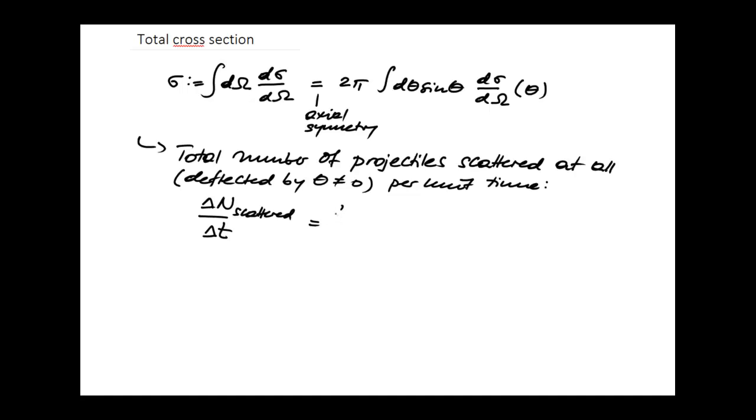This is the integral over all angles. Then the number of particles scattered by an angle theta per unit time per elementary per unit spatial angle, and then you integrate over all the angles. But this is, by definition, this integrand is nothing but the incoming current density times the differential cross-section.